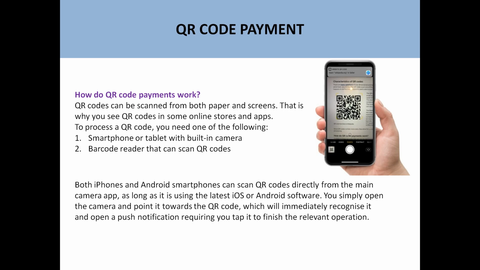Both iPhones and Android smartphones can scan QR codes directly from the main camera app, as long as they are using the latest iOS or Android software. You simply open the camera and point it towards the QR code, which will immediately recognize it and open a push notification requiring you to tap it to finish the relevant operation.